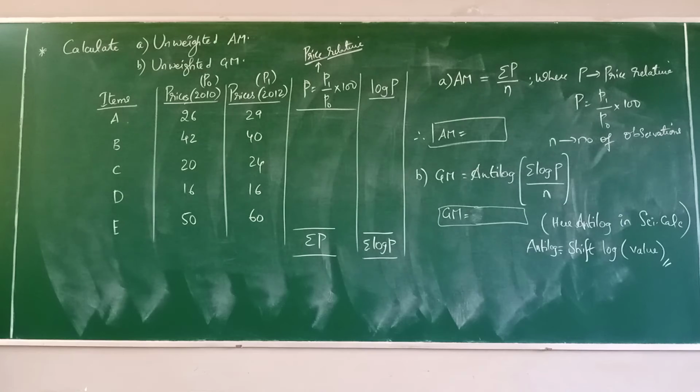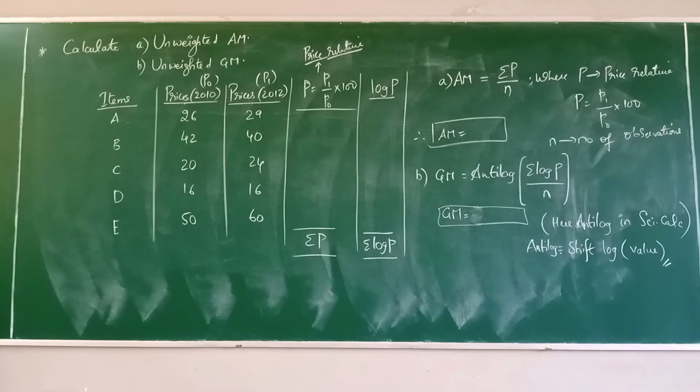After calculating all those, you need to find the total of P, because for calculating the unweighted arithmetic mean the formula is summation P by N. P is nothing but the price relative, P1 by P0 into 100, and N is the number of observations or items.